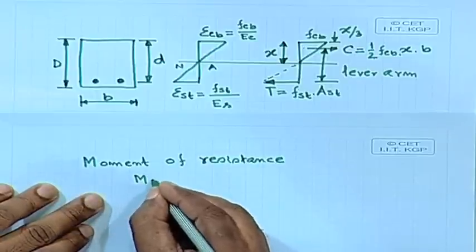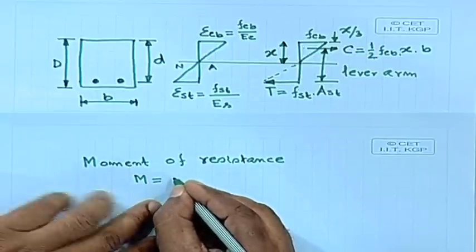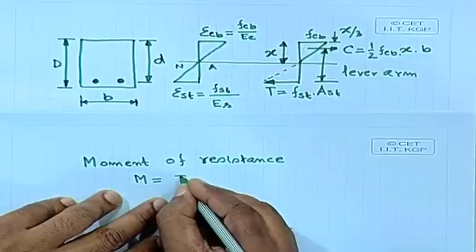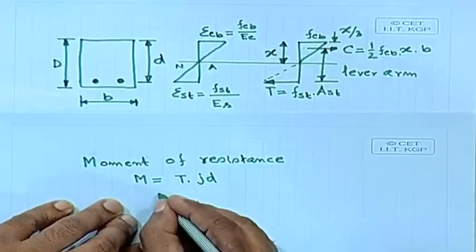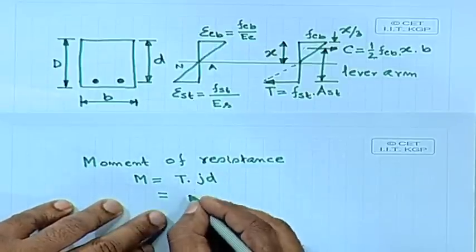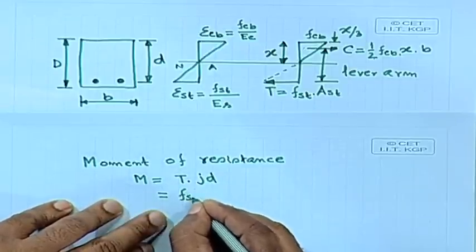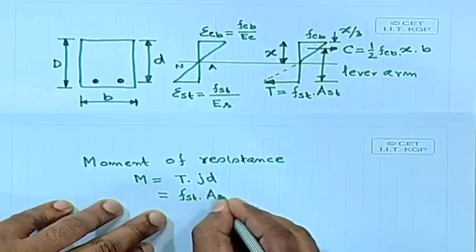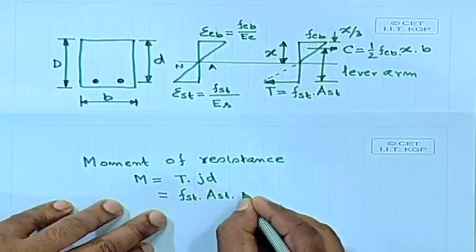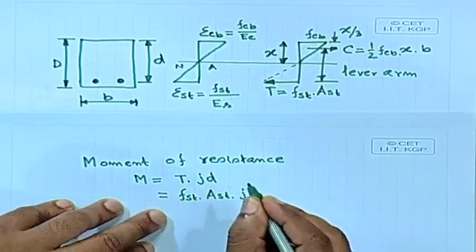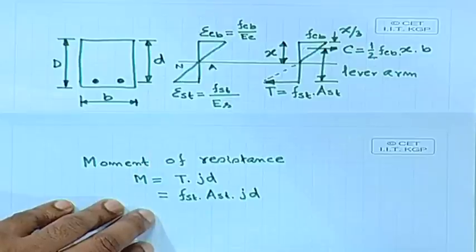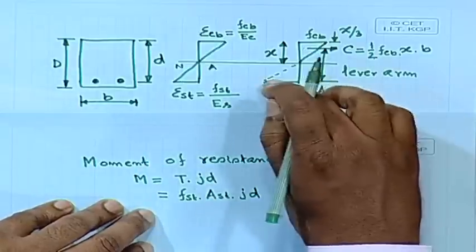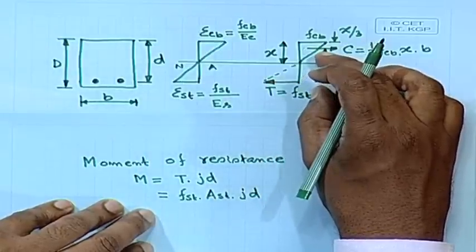M will be equal to T times JD, which is nothing but fst times Ast times JD. So, moment of resistance from the steel point of view, T times JD, will give me the moment of resistance.